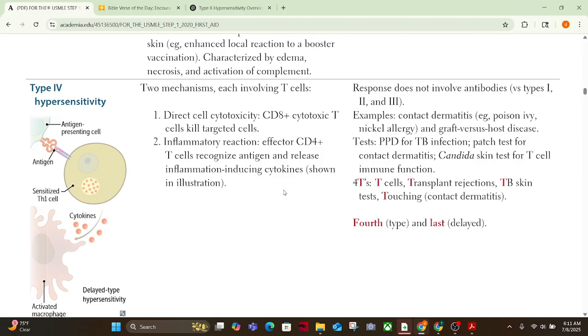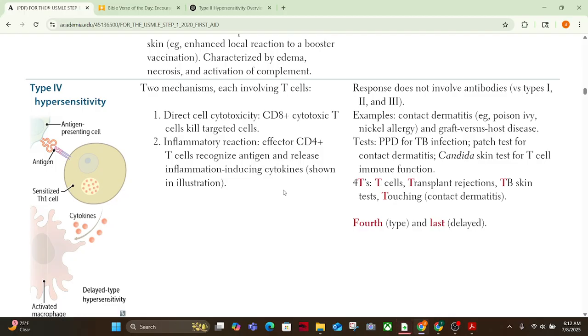This is talking about the CD4 positive T cell differentiating into Th1 and the Th1 cells calling in more macrophages to fight. Now I'm going to say that in more detail because we already said it back in the immuno section, but I'm going to say it again. Okay, so they're saying type 4 hypersensitivity works either through CD8 positive T cells or CD4 positive T cells.